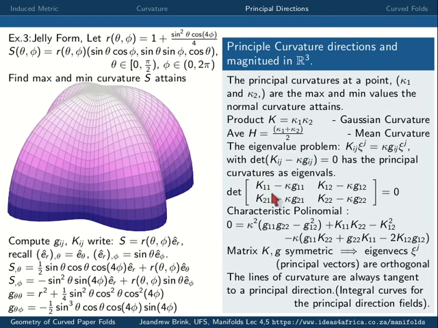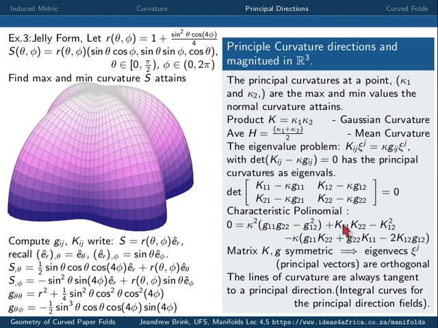Okay, so here's the determinant. I'm just going to write it out. So you have K11 minus kappa G11, K12 minus kappa G12, and here you have the off-diagonal elements, but remember, because we're just doing derivatives, the off-diagonal elements are actually equal. Okay, so you have a symmetric matrix that you are taking the determinant of, and then you multiply it out just by the definition of the determinant, and you get a characteristic polynomial. Okay, which is, once again, exactly like we did in dynamical systems in Strogatz.